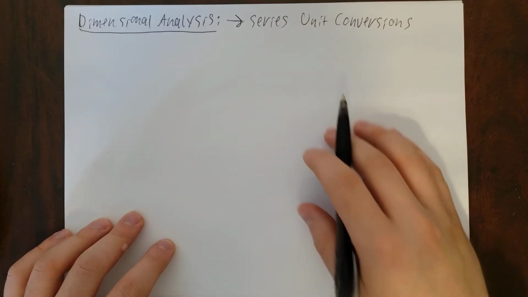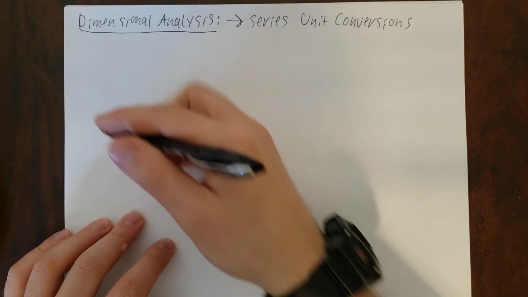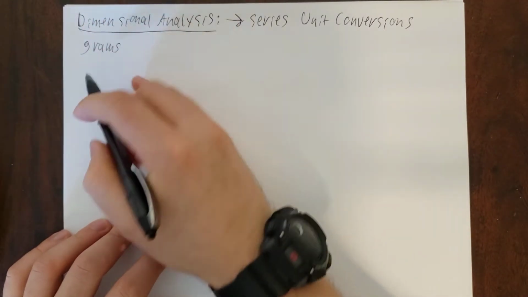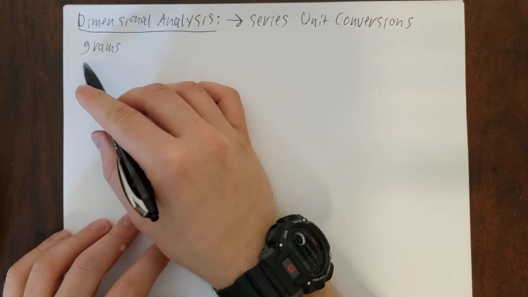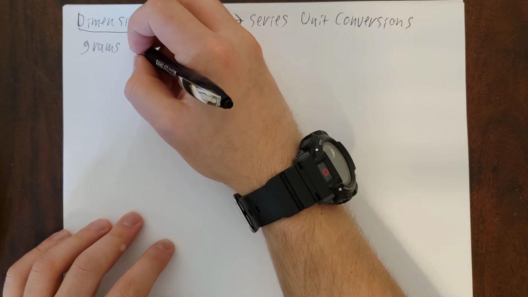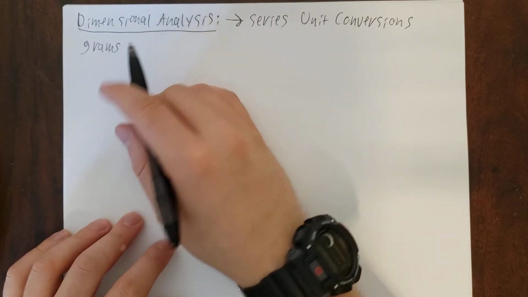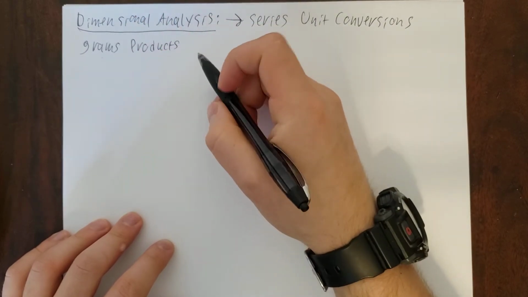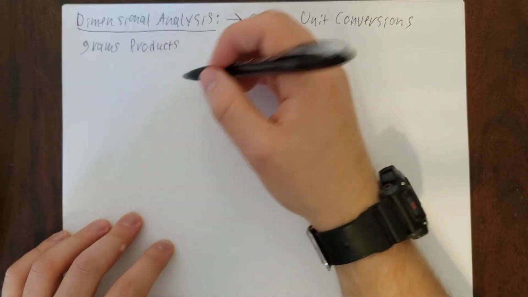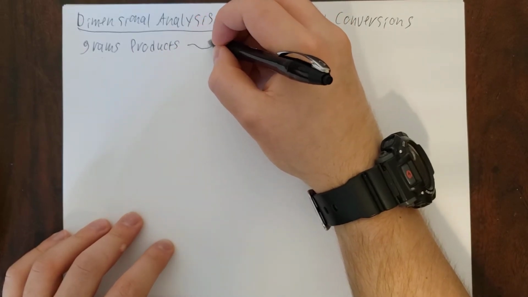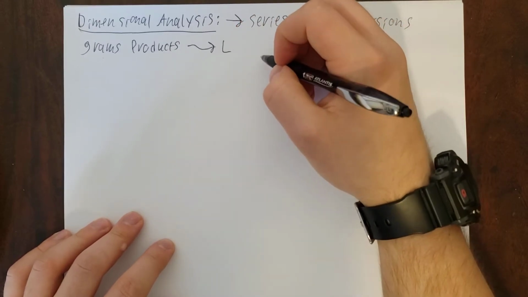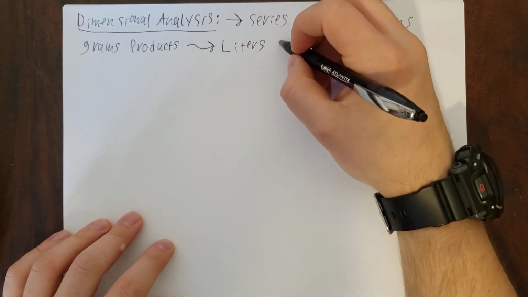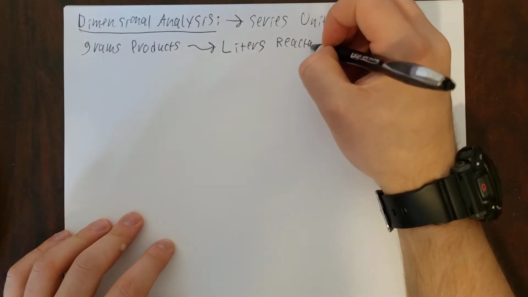So, this is when you start doing things like you're given some mass of a product, or if you're doing a retroactive analysis, some grams of product, and then you use that information to find the number of liters of one of the reactants.